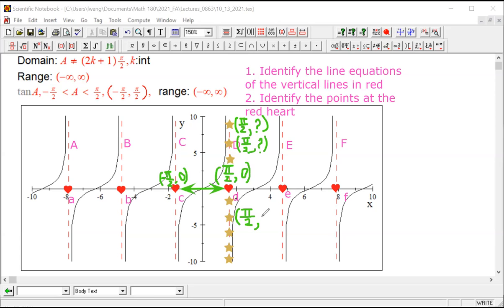Y coordinate, this must be a negative, but who cares? So that's the feature of all the stars on this line. That's the common feature. What is that common feature? They have the same x coordinates.